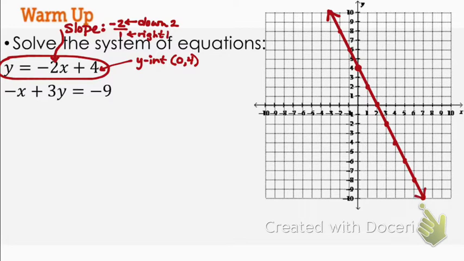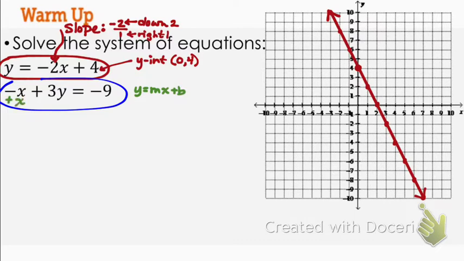If I wanted to graph this bottom line, what do I need to do? I apologize. Put a dot on -3. Yes. Tell me how you got that. We're going to change it into slope-intercept form. So I want this to be in y equals mx plus b form.